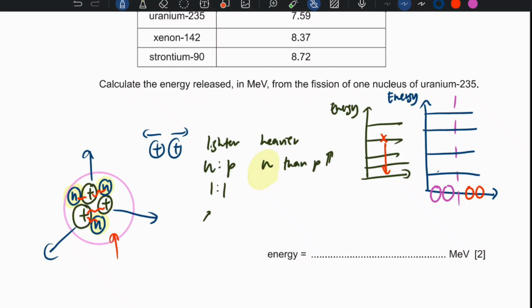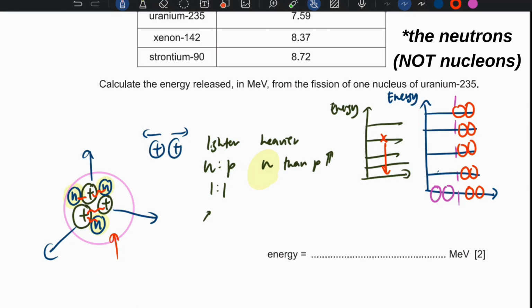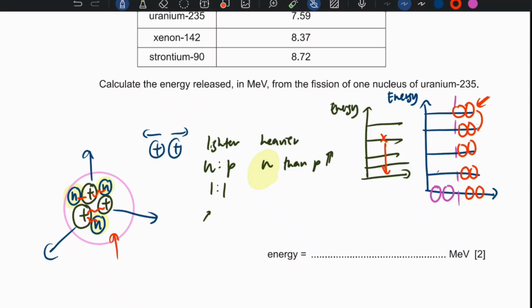So let's say we have 2 protons and we have 10 neutrons inside the nucleus. So what do I mean by forcing the neutrons into a higher energy level, making them unstable? Here's the thing. The nucleons here are at a very, very high energy level. They can't go down to a lower energy level to become more stable because the next energy level is fully occupied.